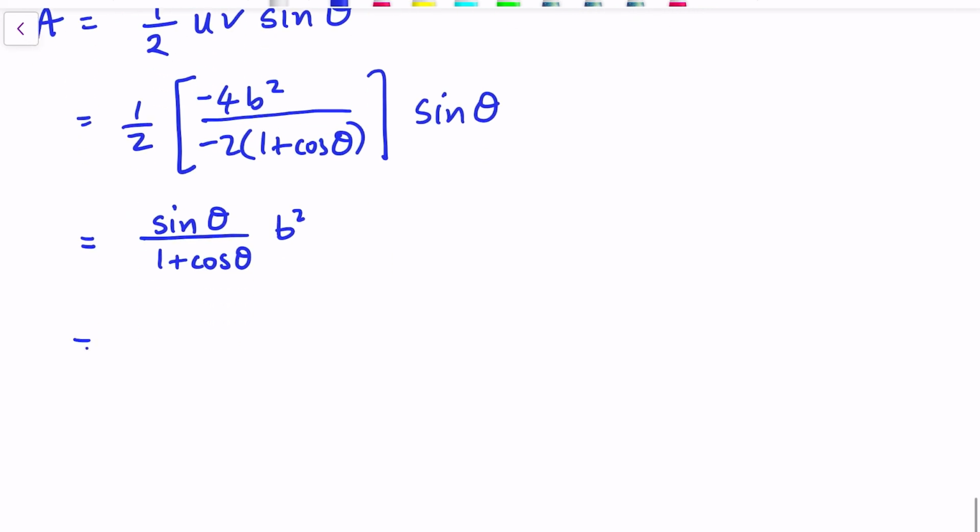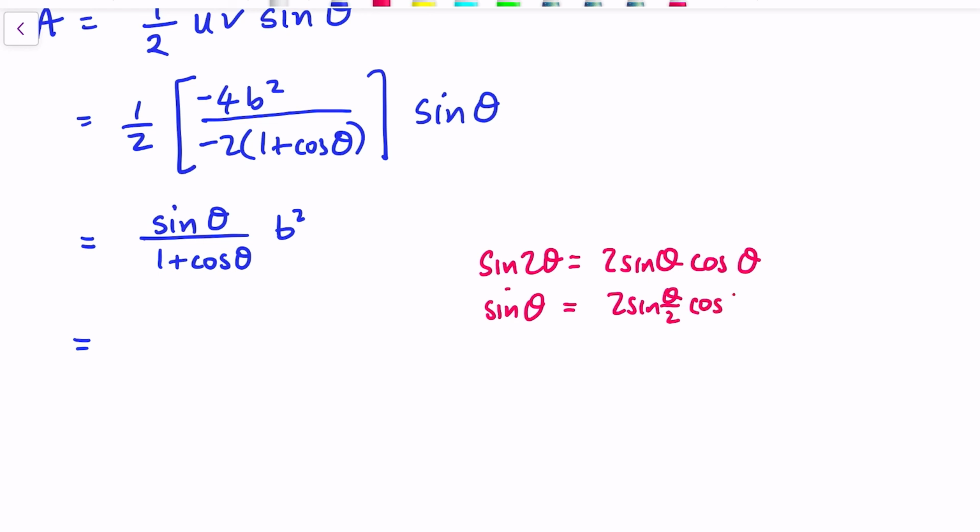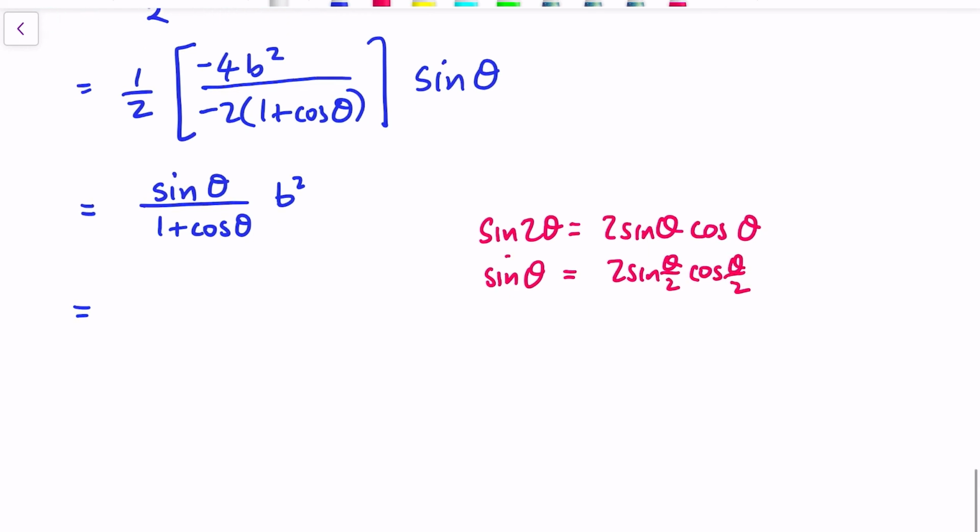And then I've seen an identity like this before. We're trying to get it to be tan theta over 2. So we use the double angle formulas for sine. Sine 2 theta is 2 sine theta cos theta. But we can halve the angle on the left-hand side and halve the angle on the right-hand side. And we can do the same thing for the double angle formula for cos.